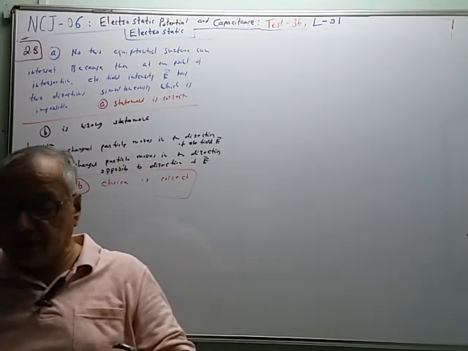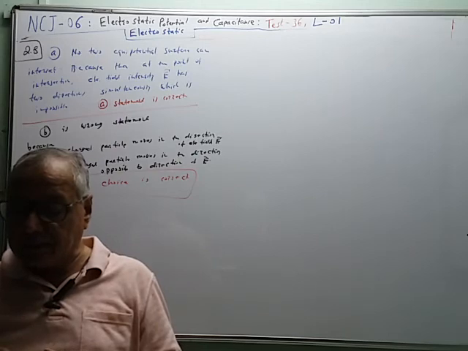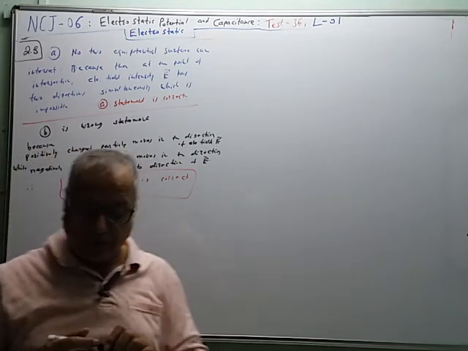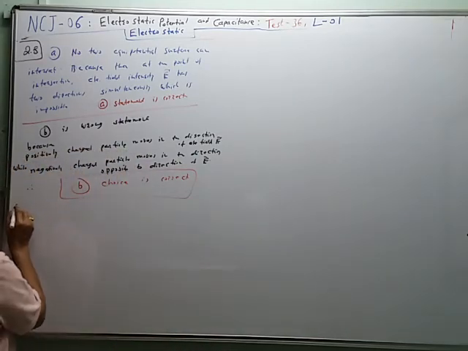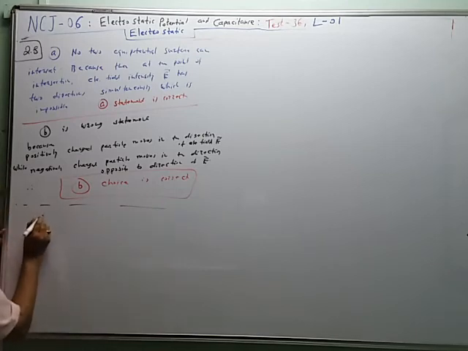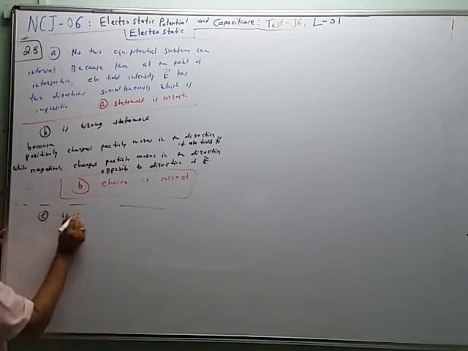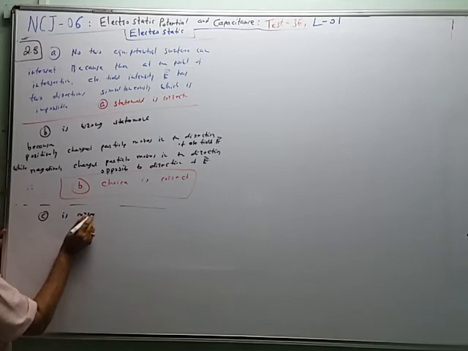Now, C statement. The electric field at the surface of a charged conductor is always normal. So, C is correct statement.